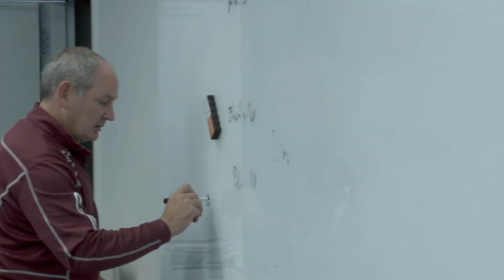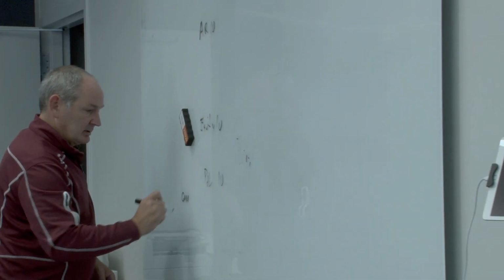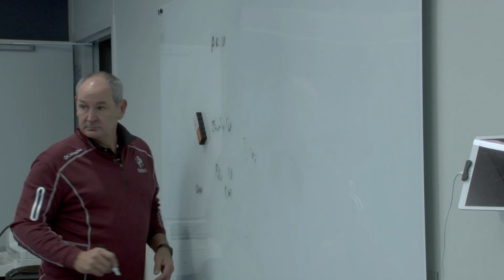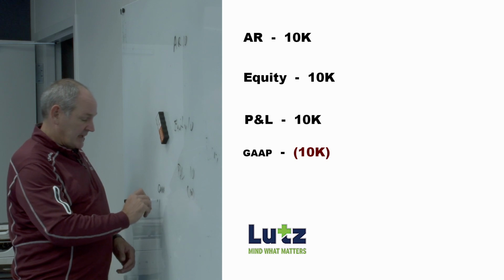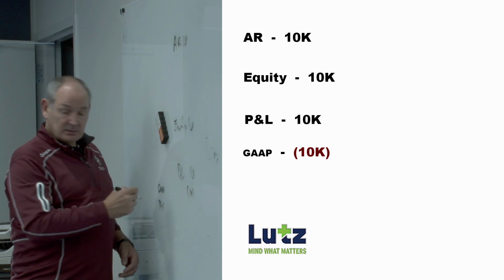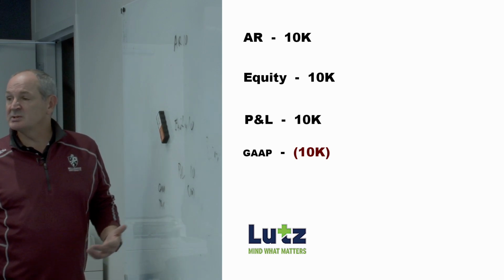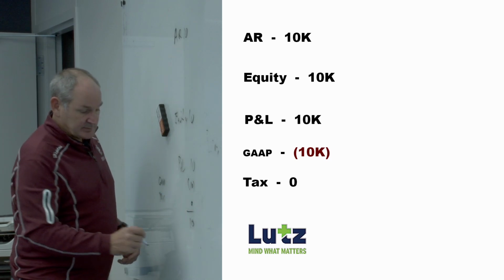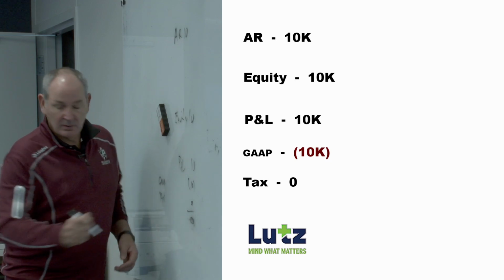Well, how much GAAP AR is in there? 10,000. So I have to back that out, don't I? How much cash did I receive? 0. So from a taxable income perspective, I got 0 taxable income.